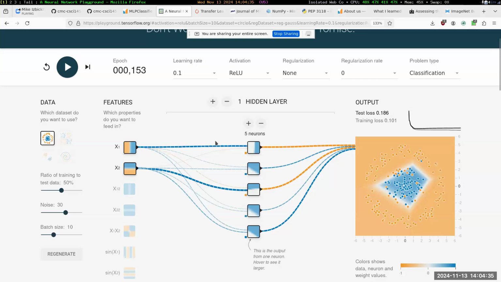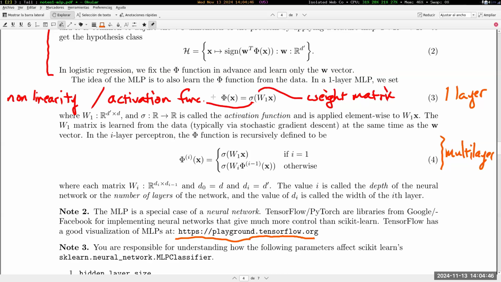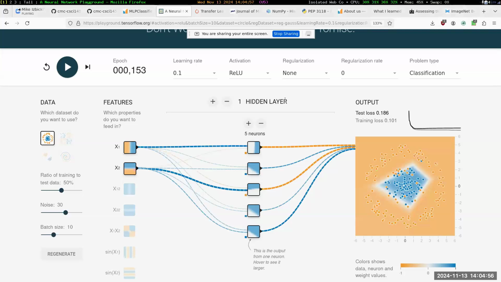Is that x1 and x2 then? These have no relation to x1 and x2. For this particular problem, we might hope that this right here would approximate the polynomial degree 2 feature map, but there's no direct relationship between them.